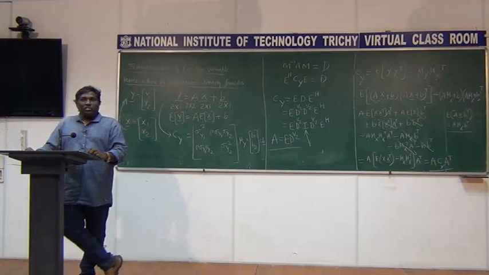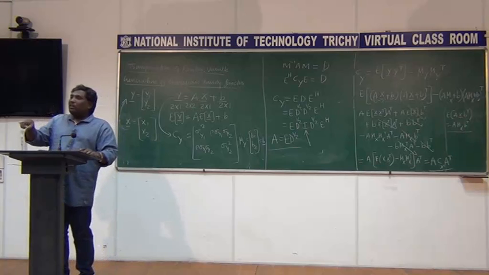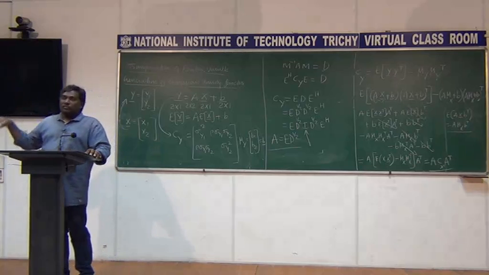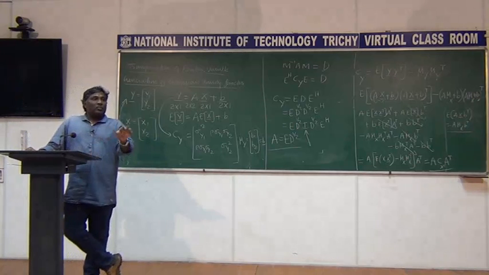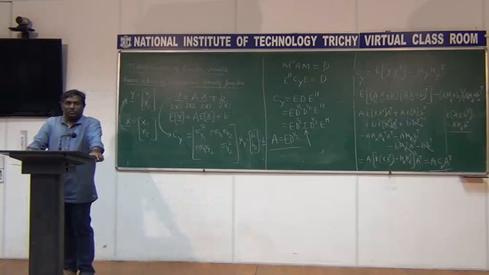You can even do this job for 3 random variables, 4 random variables and so on. So that's what we call multivariate Gaussian density function with arbitrary mean vector and arbitrary covariance matrix.